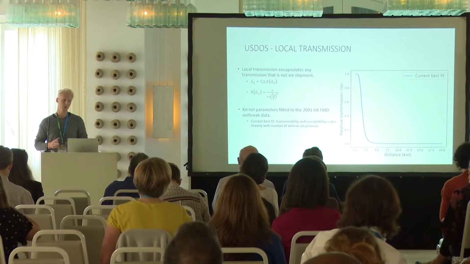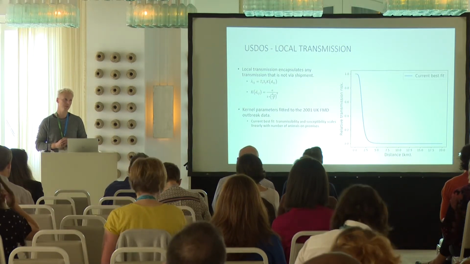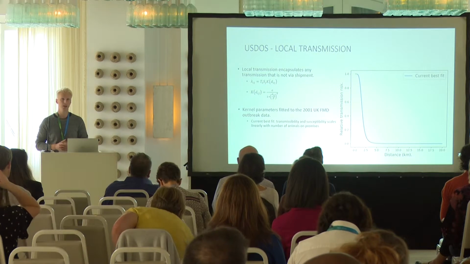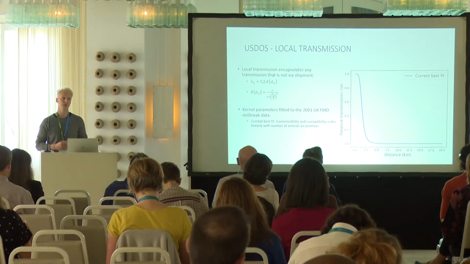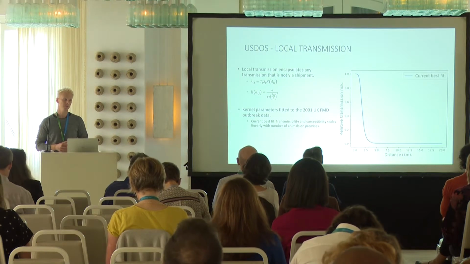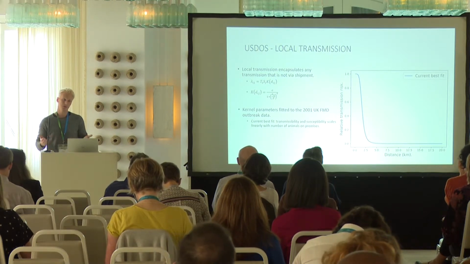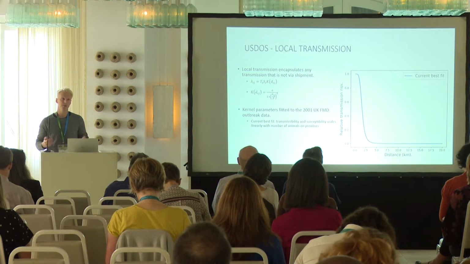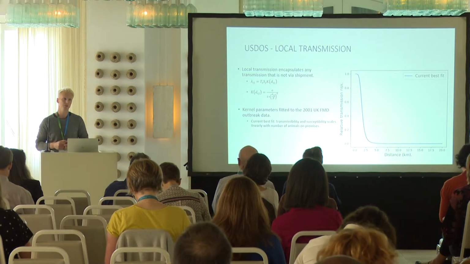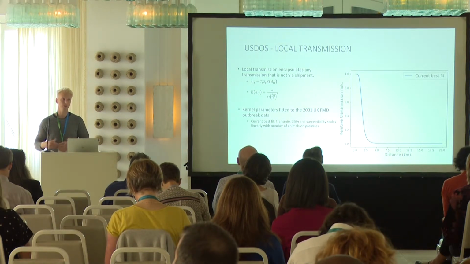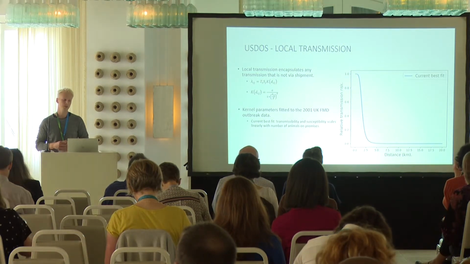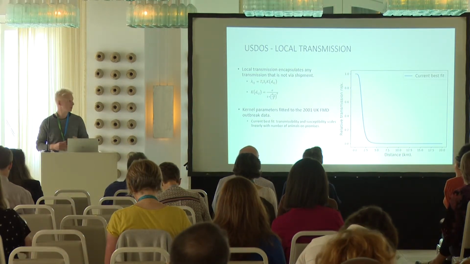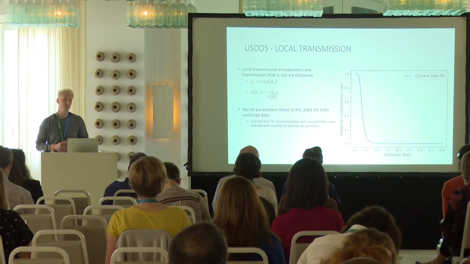So the next challenge with this is that, of course, we don't have any outbreak data for the US, and we need to parameterize our kernel. With a lack of outbreak data, what we've had to do is to use the UK 2001 outbreak data to parameterize our kernel. And this is ongoing work. What's shown in that figure is the current best fit of the kernel.